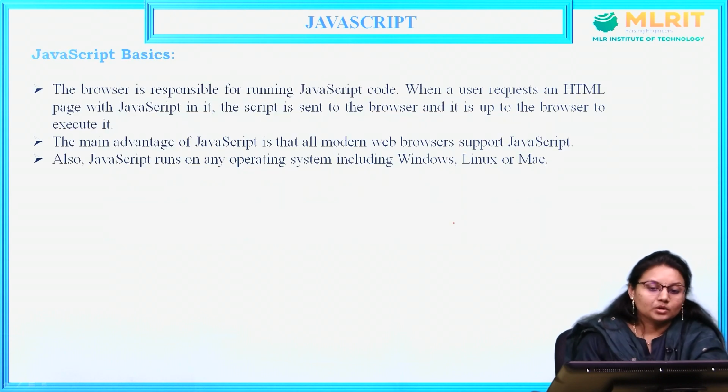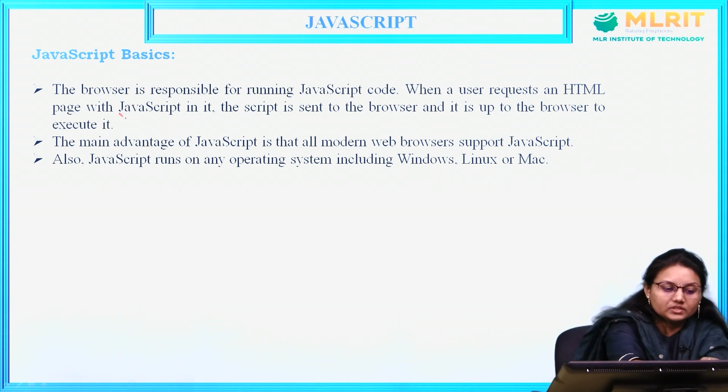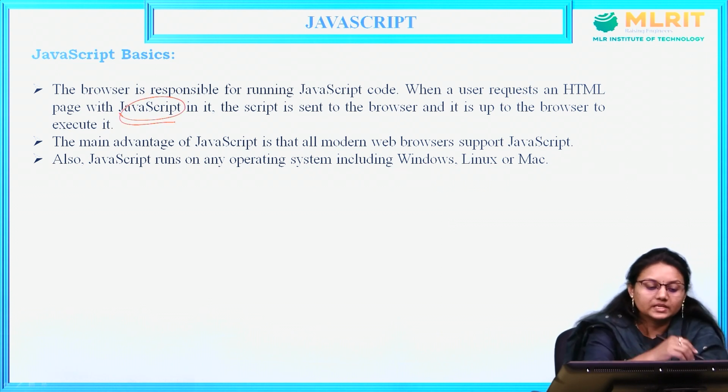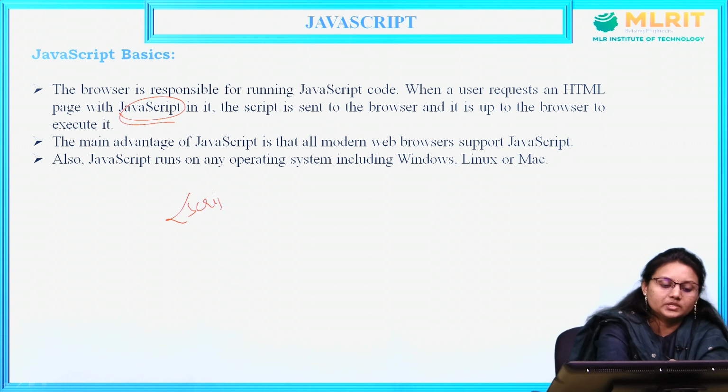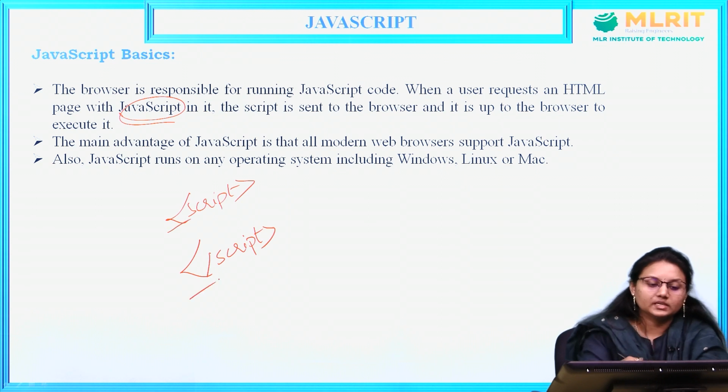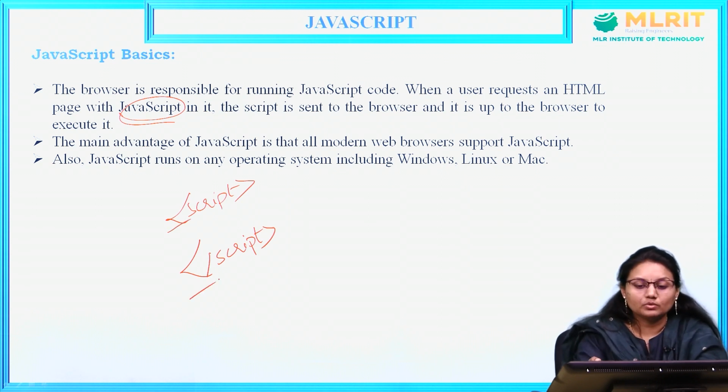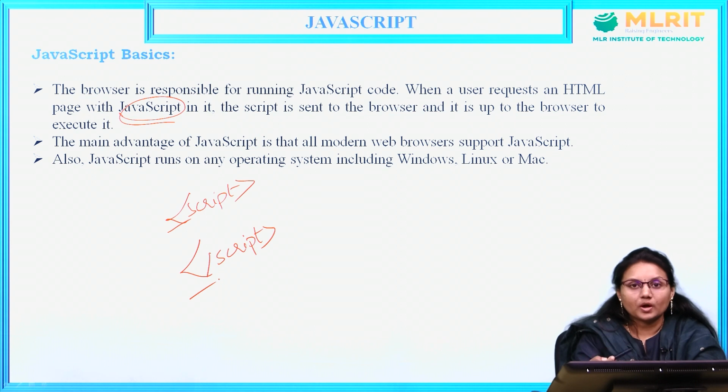Now JavaScript code. When a user requests an HTML page, within it you write JavaScript with the script tag, with an opening tag and an ending tag. When it is sent to the browser, it is up to the browser to execute it and get back the responses. So the browser is also important here.